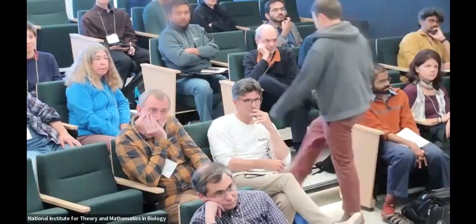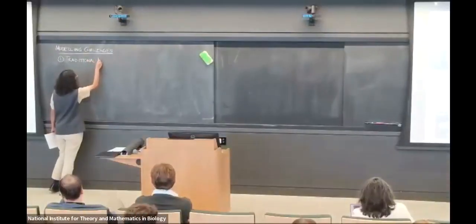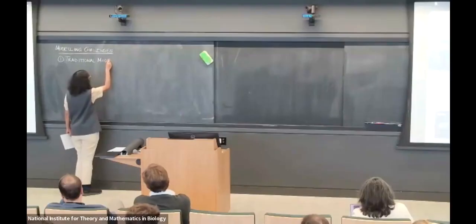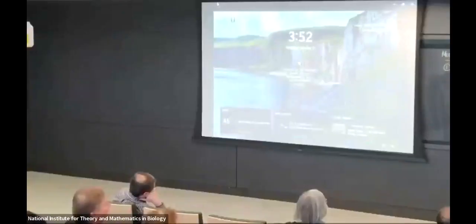The first one is the traditional kind of models in ecology that we think about. In particular, maybe many of us here think about what are called Lotka-Volterra models, shortened as GLV, and some others think about what are called consumer resource models, labeled CRMs.